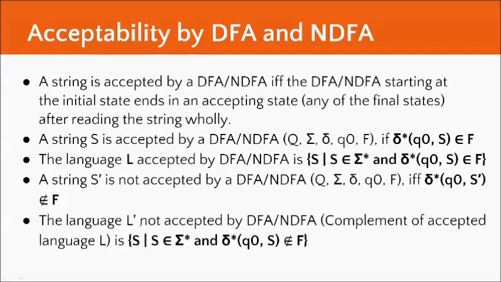So acceptability by DFA and NDFA. A string is accepted by the DFA or NDFA if, starting at the initial state, it ends in an accepting state. Okay? So a string S is accepted by the DFA or NDFA using the 5-tuple notation if the transition starts with the initial state and ends with an element of a final state.